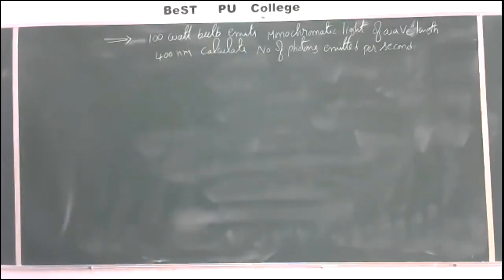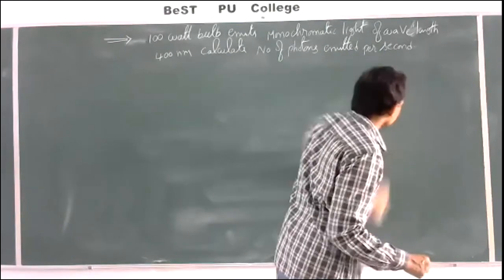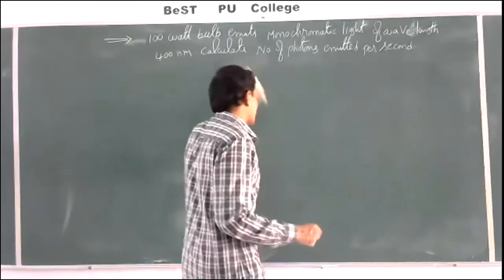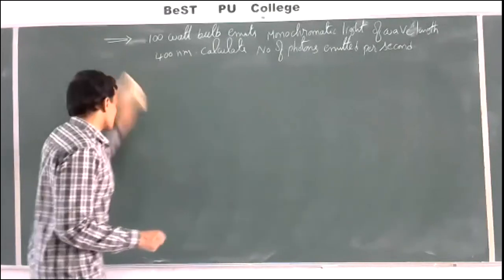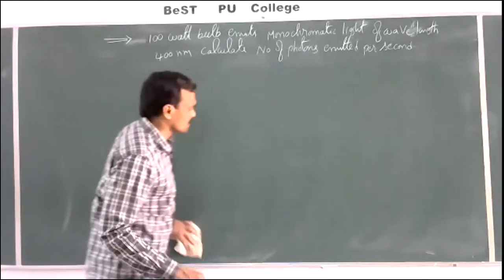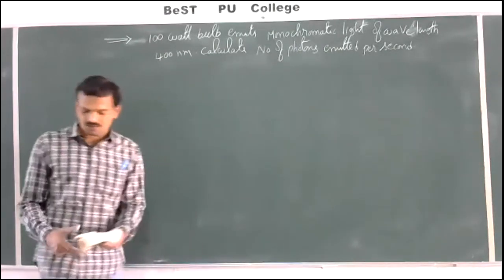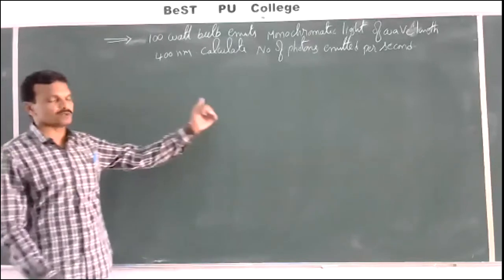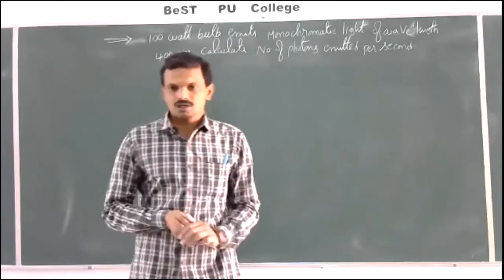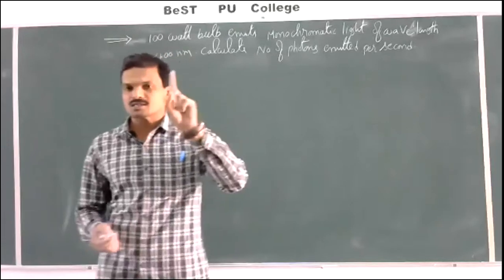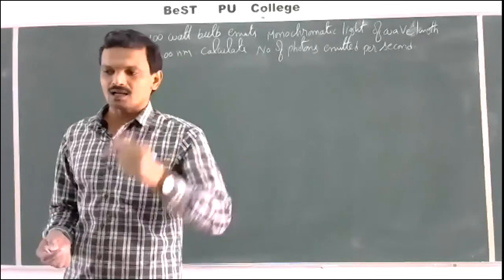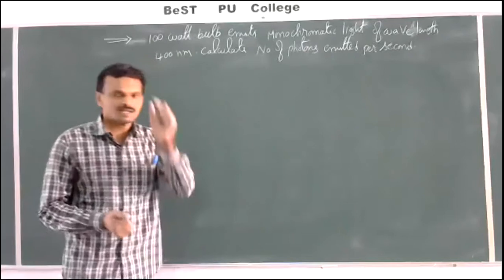What is meant by monochromatic light? Monochromatic light means the light which consists of only one particular wavelength. Sunlight is a combination of different wavelengths of light, from 400 to 760 nanometers. Here monochromatic, mono means single, chrome means color, single color means having a single wavelength.